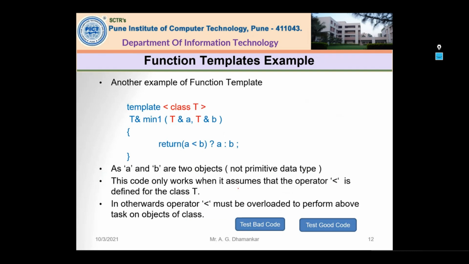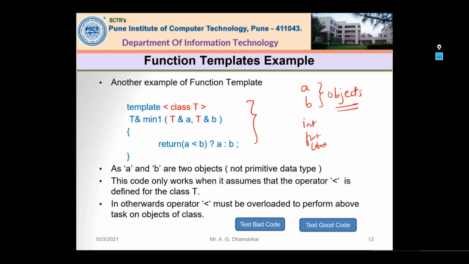Next, for example, let's consider the same example here. Min1 function. We have a template now. Here A and B are not primitive data types. A and B are objects, not integer, float or character.